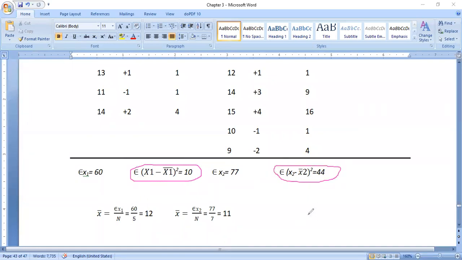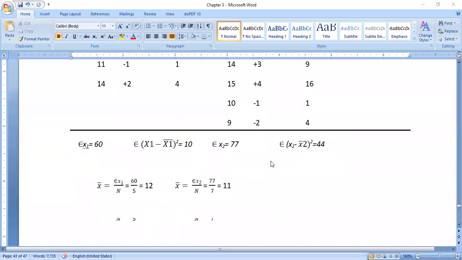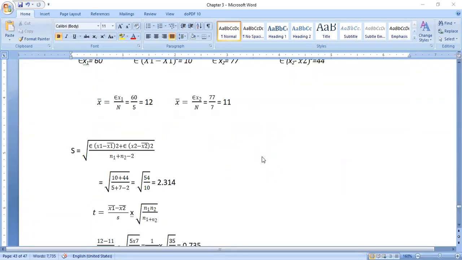After getting these values, we need to apply the formula: S is equal to the square root of sigma x1 minus x bar 1 whole square plus sigma x2 minus x bar 2 whole square, divided by n1 plus n2 minus 2.